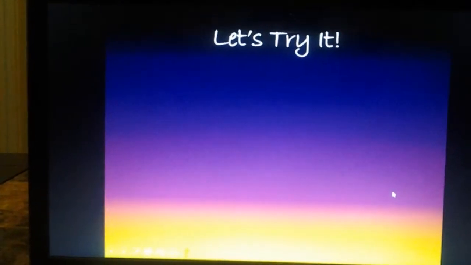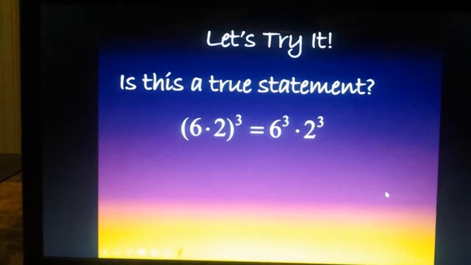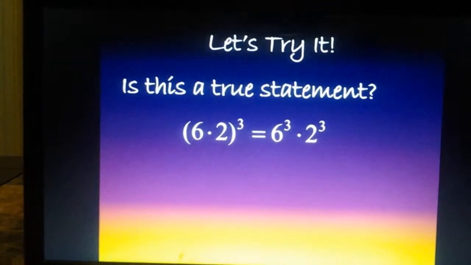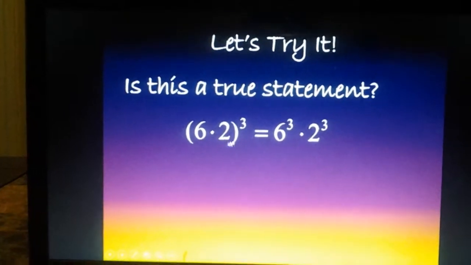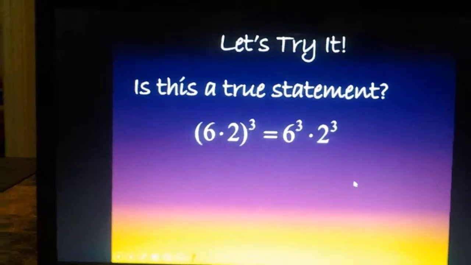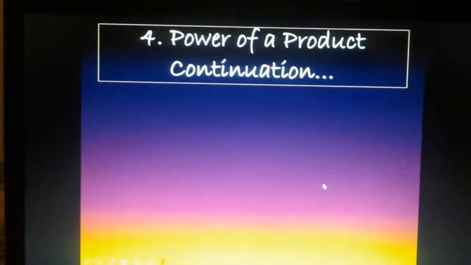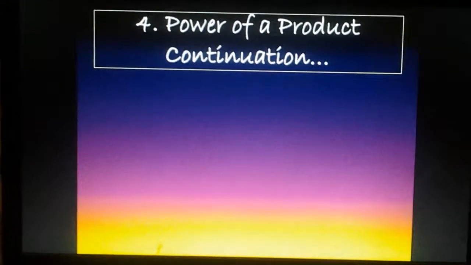Let's try it. Is this a true statement? Yes, our bases are different, so we're going to distribute this 3 to both of these bases, and this is a true statement.